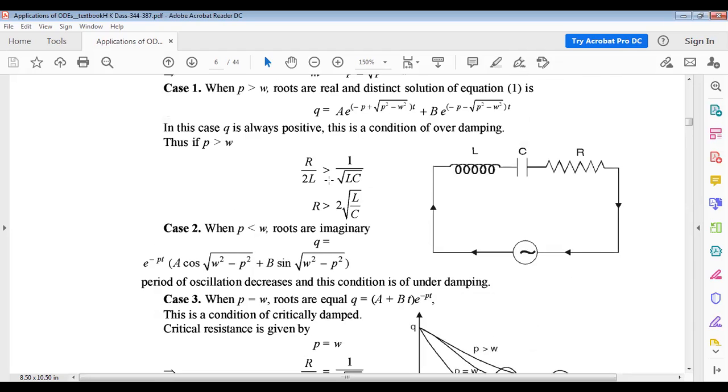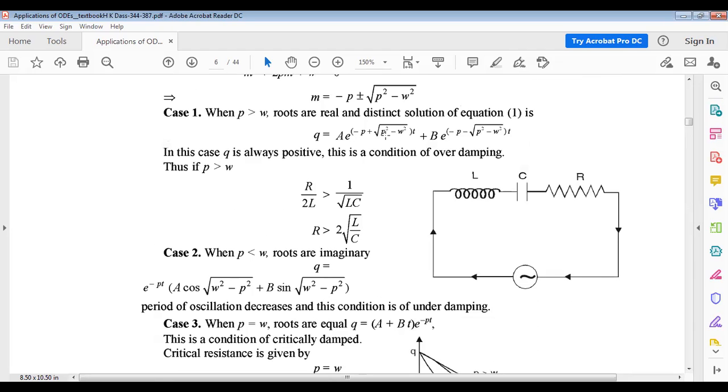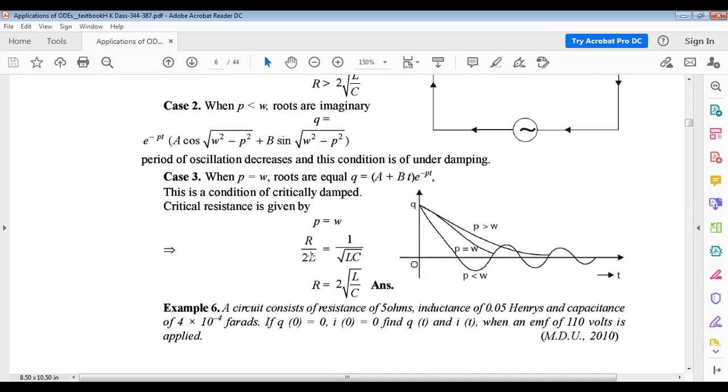This p square minus omega square will be 0, because p square equals omega square. So m equals only minus p. That means equal roots. So for p equals omega, we write the solution a plus bt times e to the power minus pt.